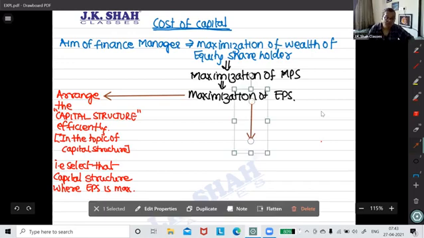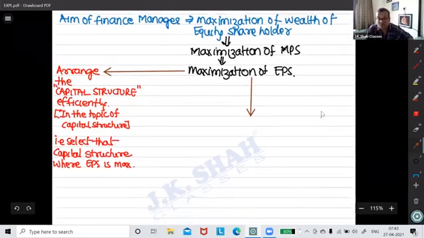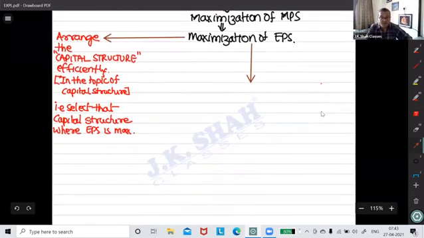How to enhance the wealth of equity shareholders? I have to ensure two things.